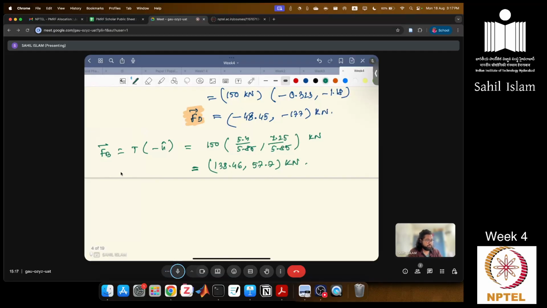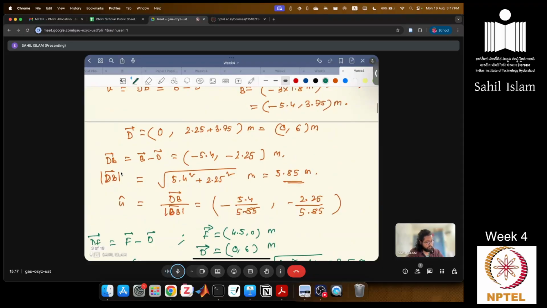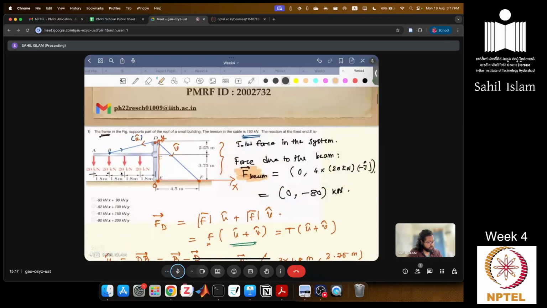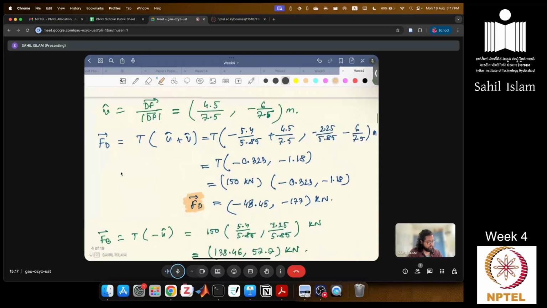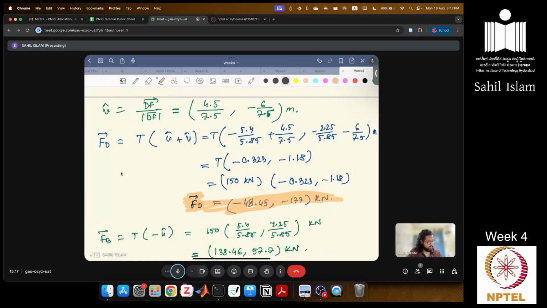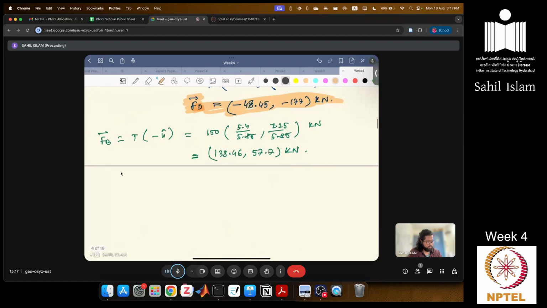Now we have the final force. So one force is this, another force is this, and the third force is this. Now let's add all of them.